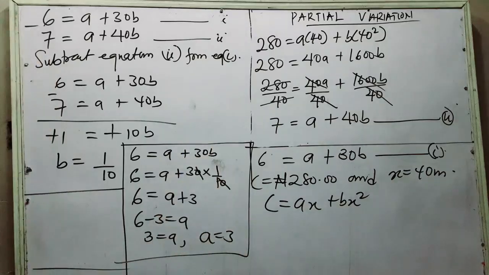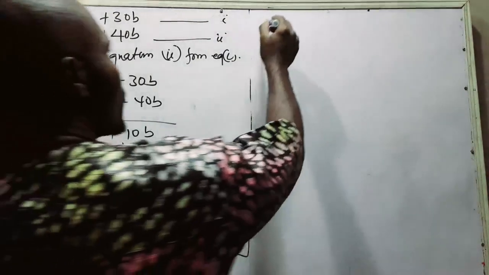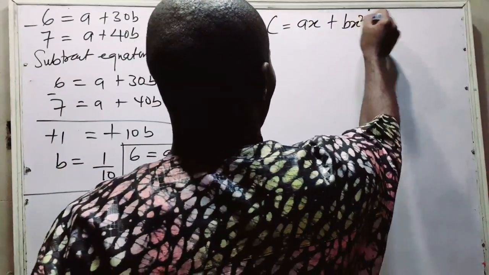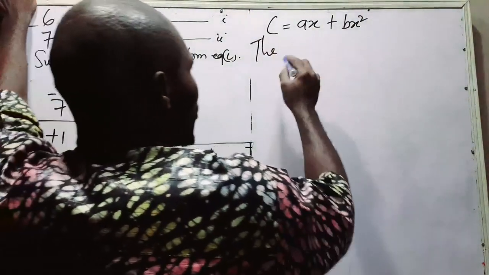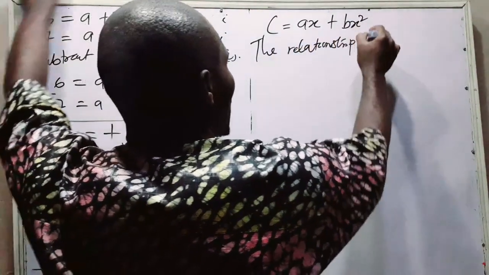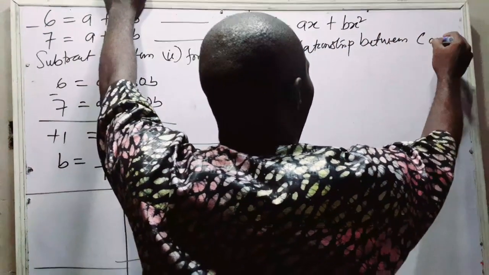So now we go back to the equation to rewrite it with the values of a and b. We are going to substitute the values. The equation we deduced from the beginning says C is equal to ax plus bx squared. So there is something we call the relationship between C and x.